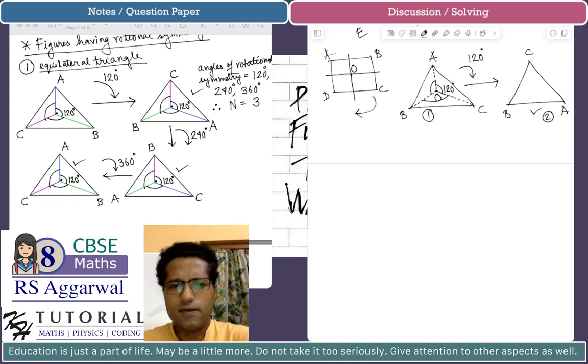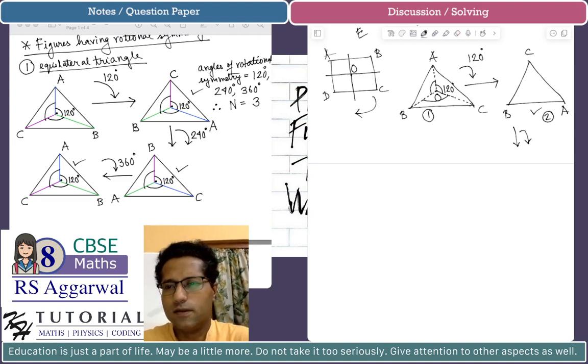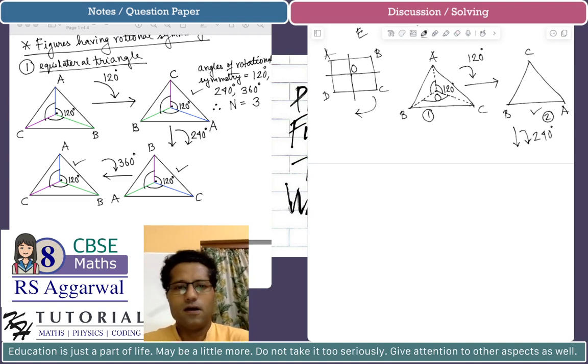Now if I rotate the triangle at position 2 clockwise by 120 degrees, I am actually rotating the triangle from its starting position by 240 degrees. So in the notes I mentioned 240 degrees. That means it is an angle of rotation from the starting position.